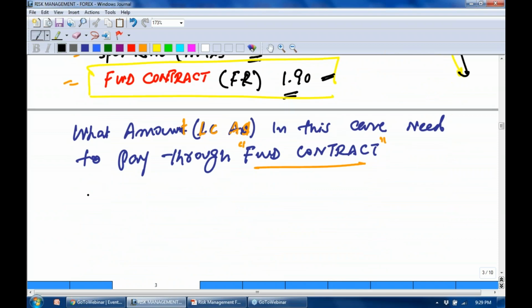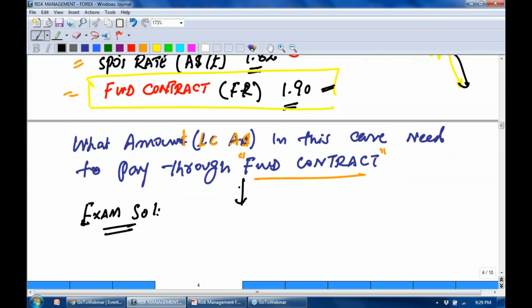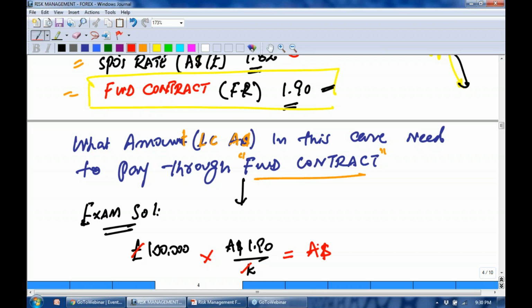The exam solution is very simple. We have to pay sterling 100,000 at the rate of Australian dollars 1.90 per sterling, and sterling needs to be converted. Sterling cancels, leaving Australian dollars.